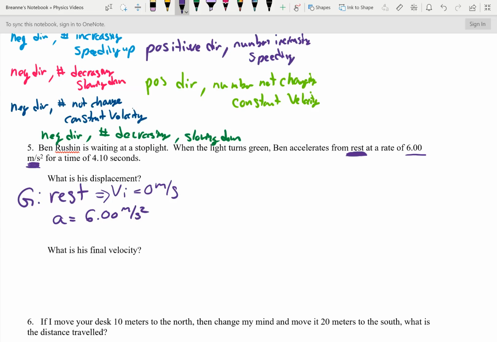I knew that was acceleration because of the meters per second squared. It did not tell me it was acceleration. I just knew that because I know my units. And then it gives me time is 4.10 seconds. Now our unknown. We're looking for what it says: what is his displacement? So we're looking for his displacement.